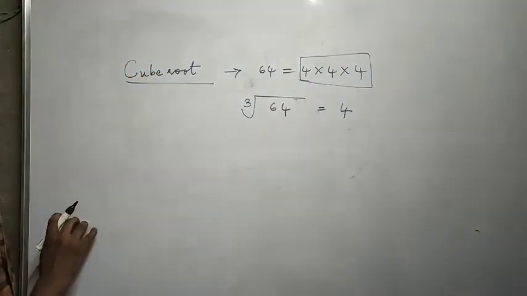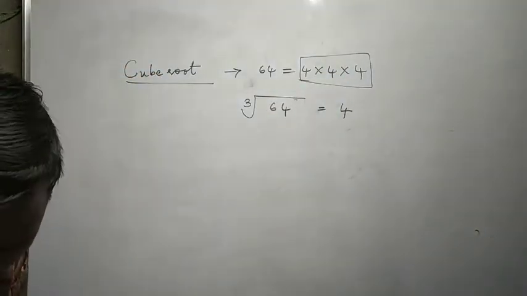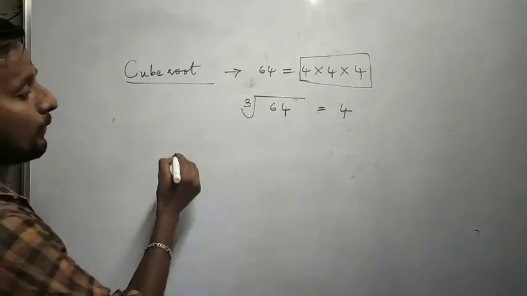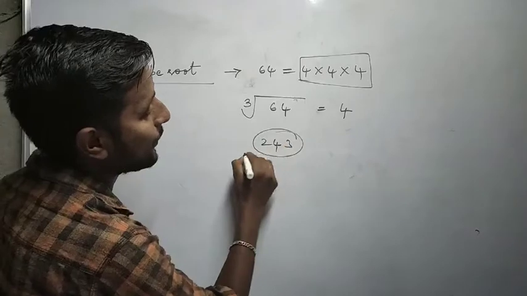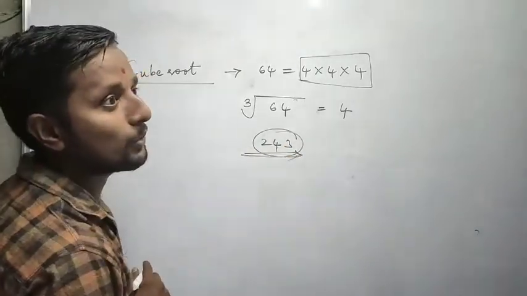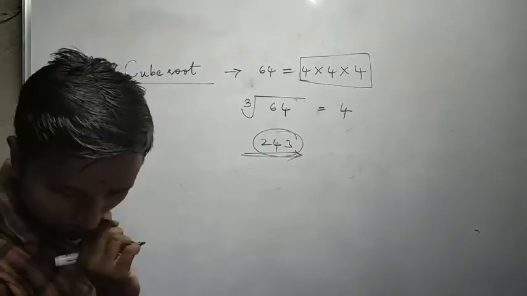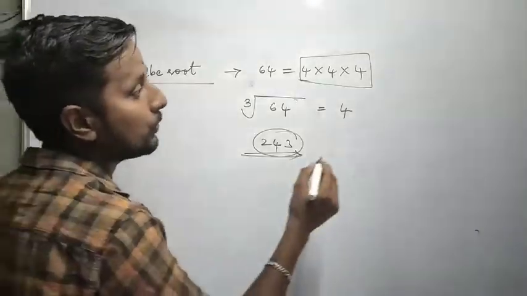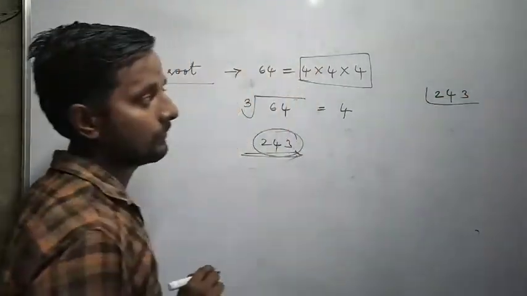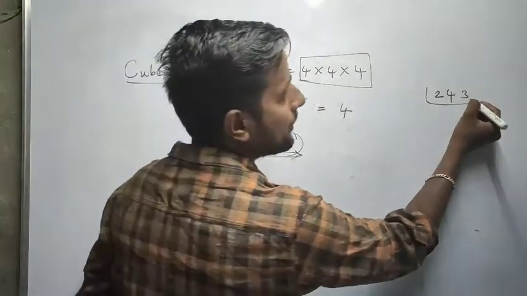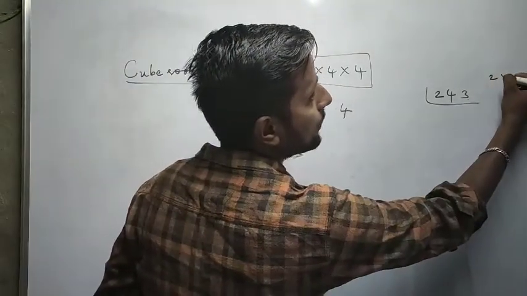Now you have to check whether these numbers are perfect cubes or not. Here we have the number 243, so go with the prime factorization method. We know the number ends with an odd digit, so it is not divisible by 2.